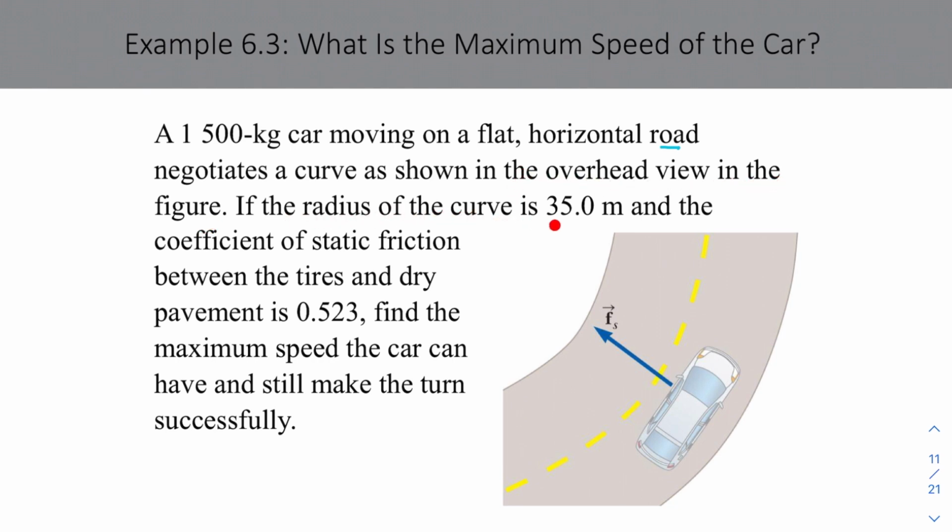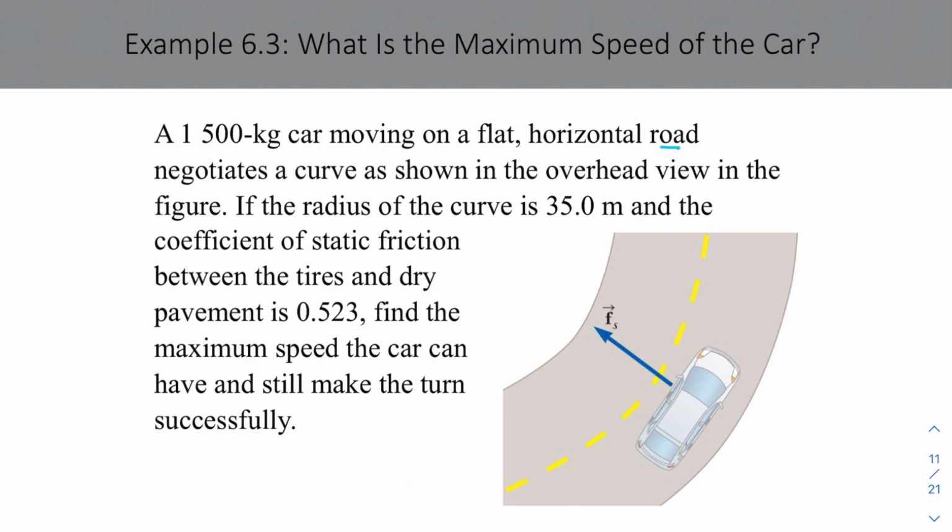If the radius of the curve is 35 meters and the coefficient of static friction between the tires and dry pavement is 0.523, find the maximum speed the car can have and still make the turn successfully.